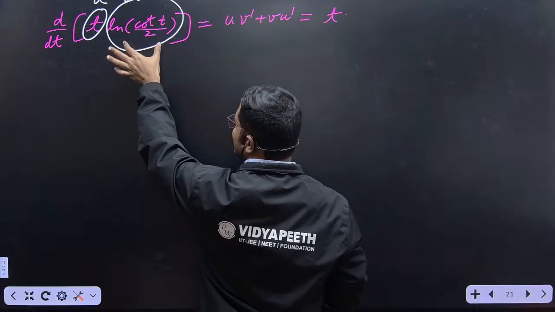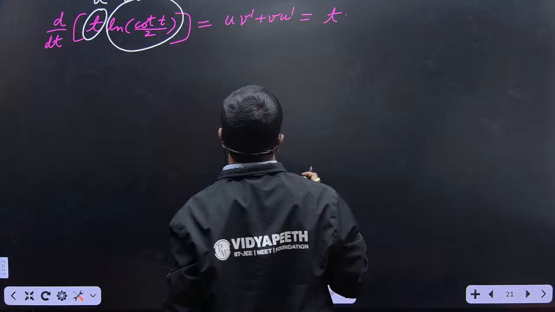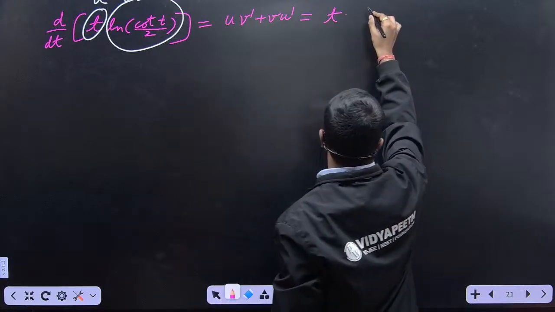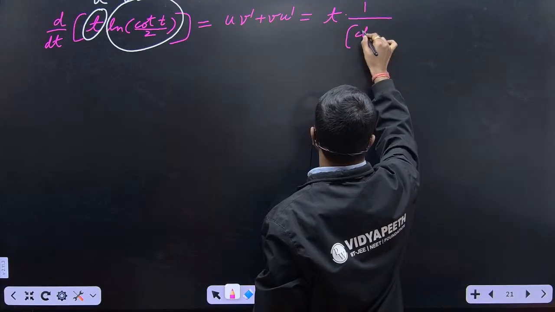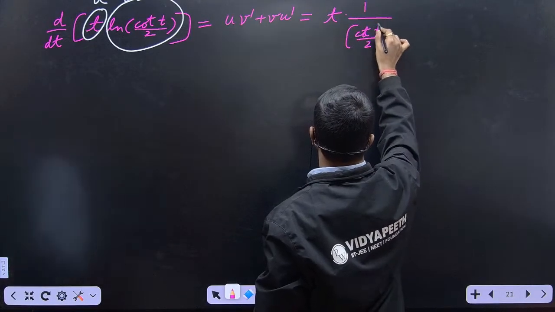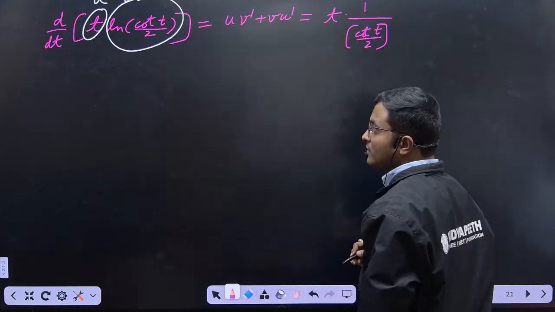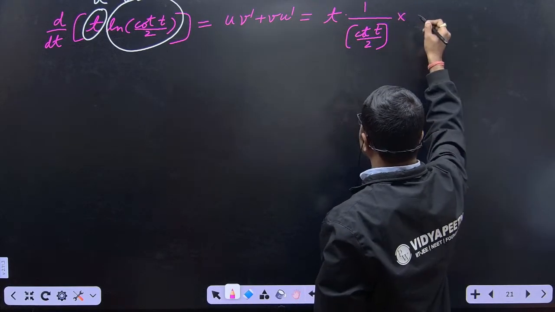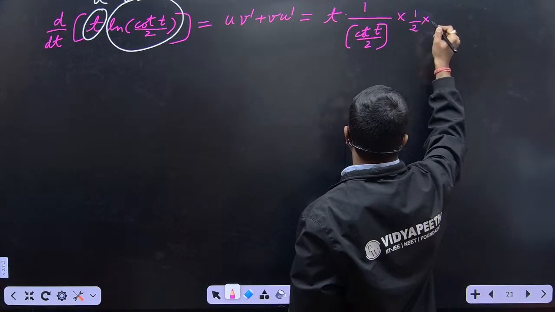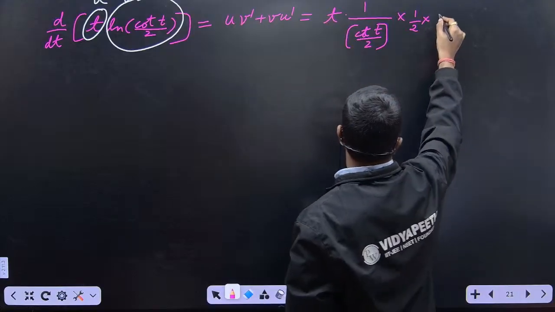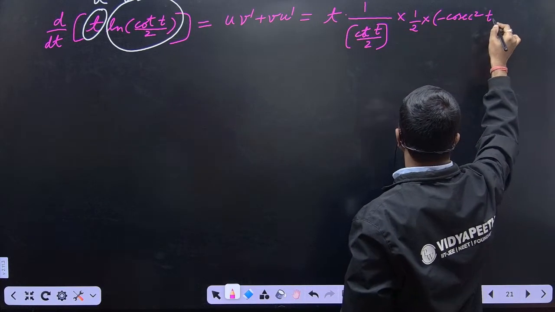That means this has one function inside another, so we need to use the chain rule.